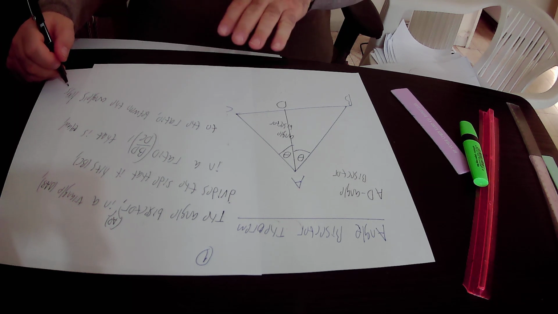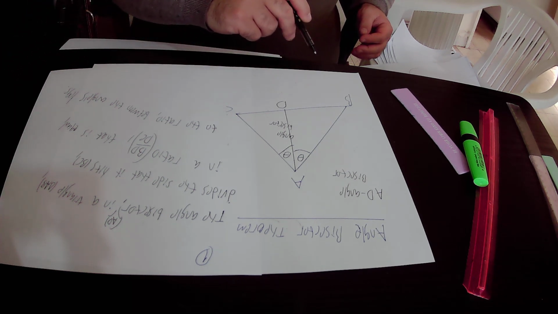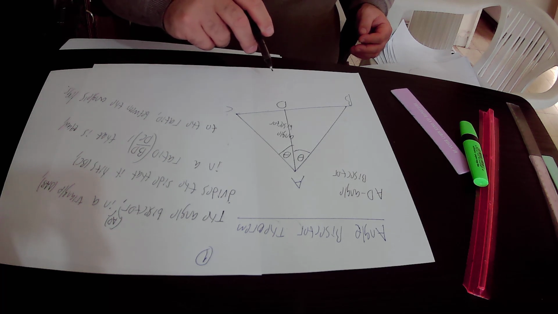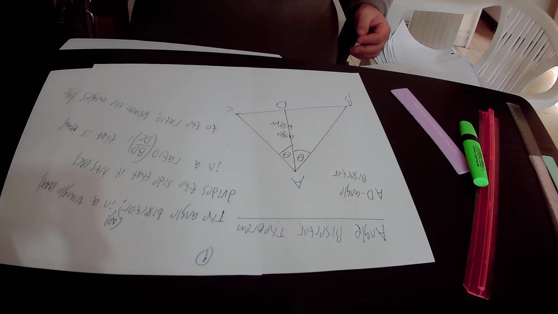And here we are relating to the angle that has been bisected into two halves, that is to say angle BAC.